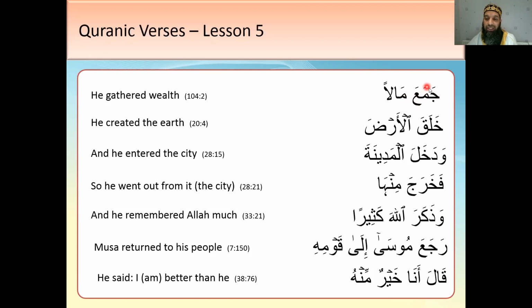So jama'a, he gathered malan, wealth. Who gathered? He did. We don't know the name because there's no marfu. But we know malan didn't gather. Why? Mansub. Because malan is mansub, so the gathering was done on the mal.